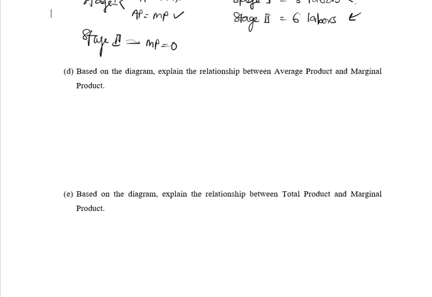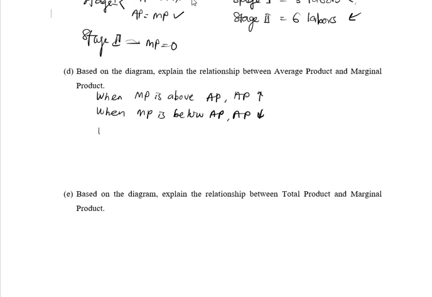So when MP, marginal product, is above AP, AP is increasing. When MP is below AP, AP is decreasing.